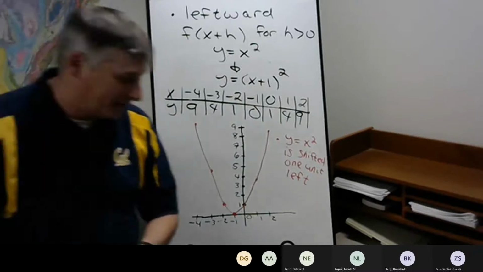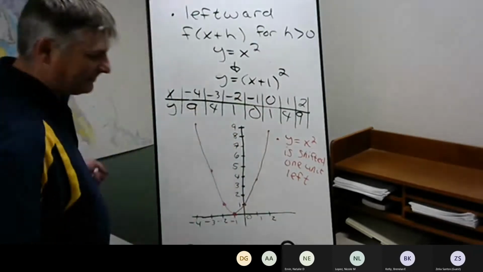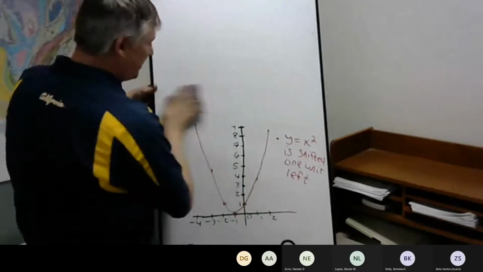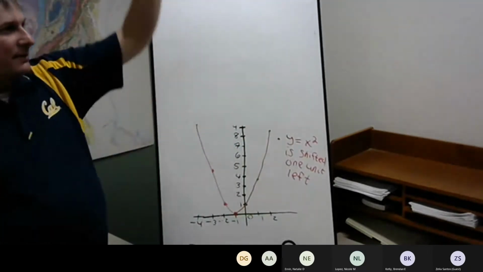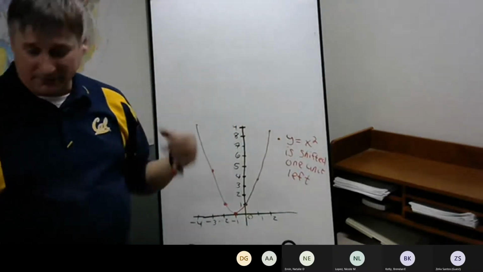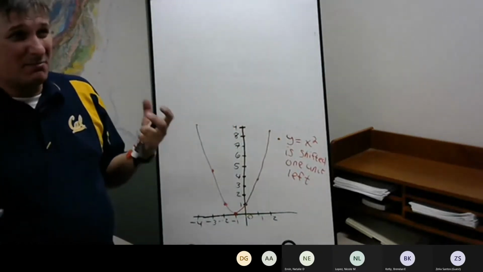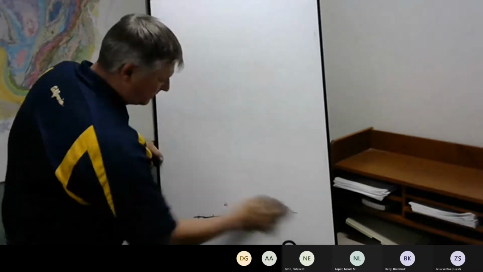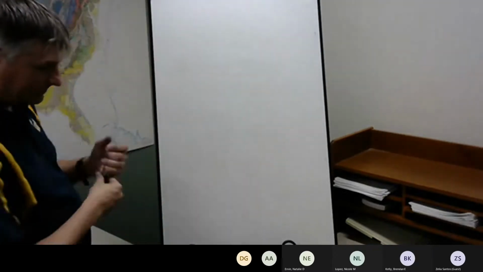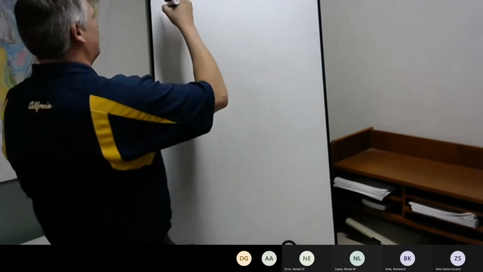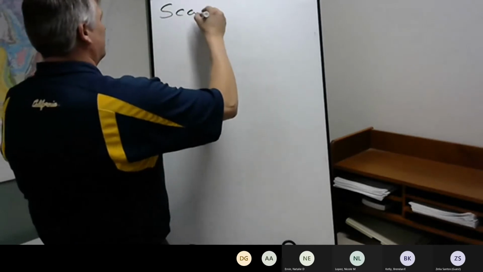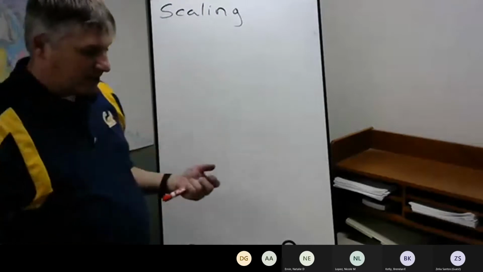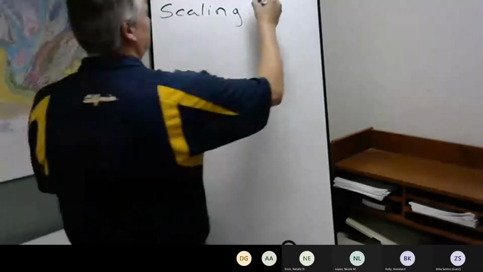So now for scaling. So this is just moving the graphs around, moving them up and down, right and left. So now we want to modify their shape. We're going to do what's called scale. So first off, we're going to do vertical.